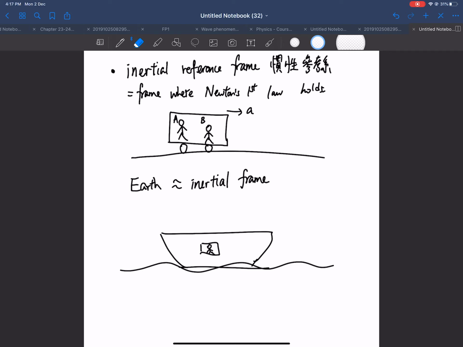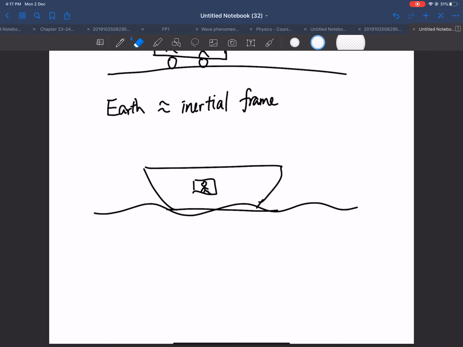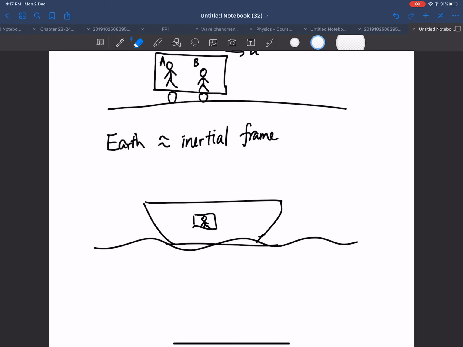Except if you have GPS, you can tell. But you can't tell without communicating with the outside. It needs a reference point. So this is an idea about the inertial frame.